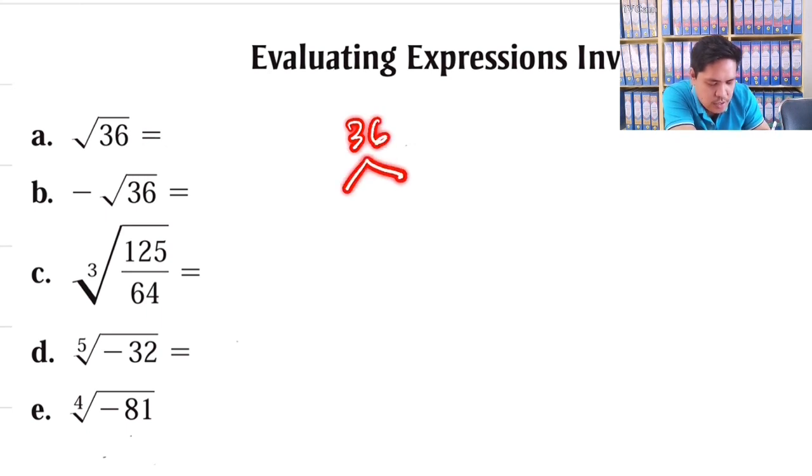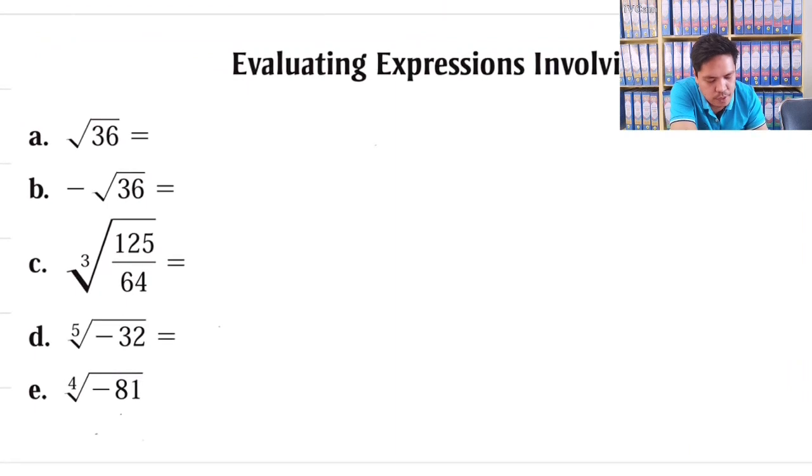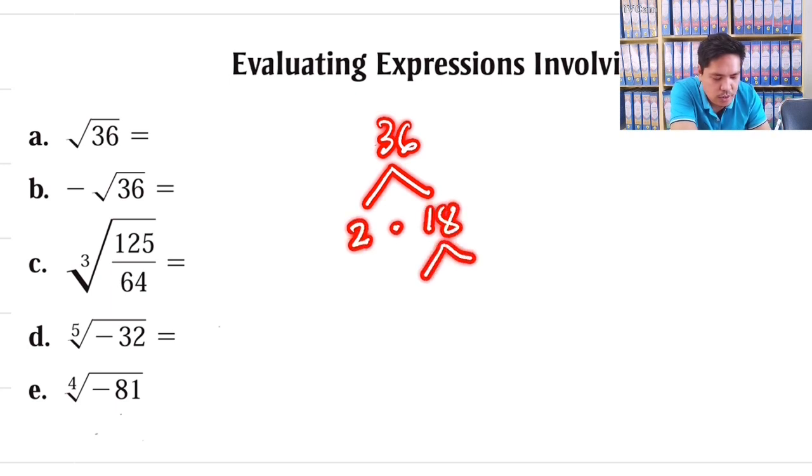36, pwede siyang 2 times 18. Tama ba? 18 plus 18 is 36. So, 36, its factors are ito. 2 times 18, factor ng 18 is 2 times 9.